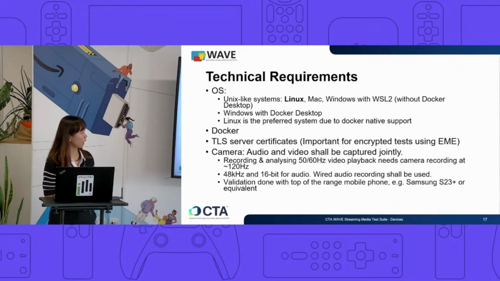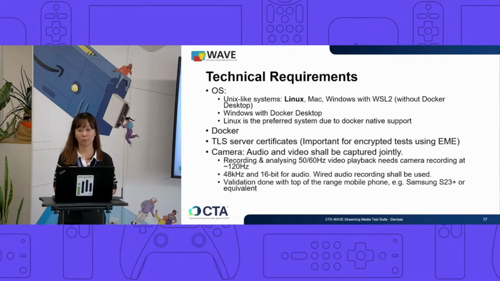For video recording, in order to capture it efficiently, we suggest around twice the frame rate of the displayed content. So for higher frame rate content, such as 50 Hz and 60 Hz, we recommend using a camera that can capture around twice the frame rate, which is 120 Hz.